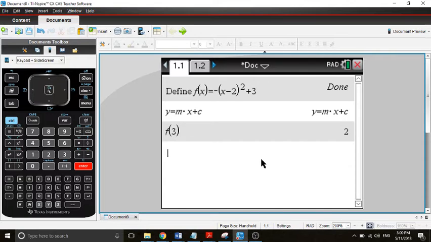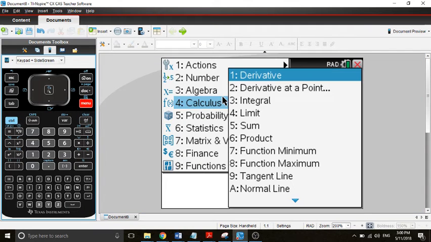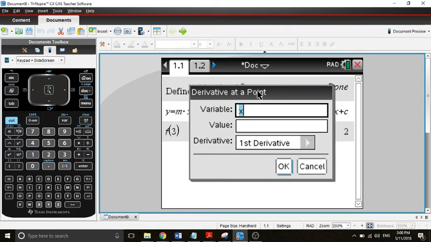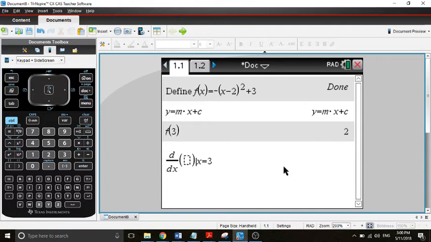So it's 2, and we're finding a tangent at (3, 2). To do that, we've got to find the gradient at x equals 3. So we go to menu, calculus, derivative at a point, variable is x, the value is x equals 3, for f of x. That tells us our gradient there is negative 2, so that's our value for m.